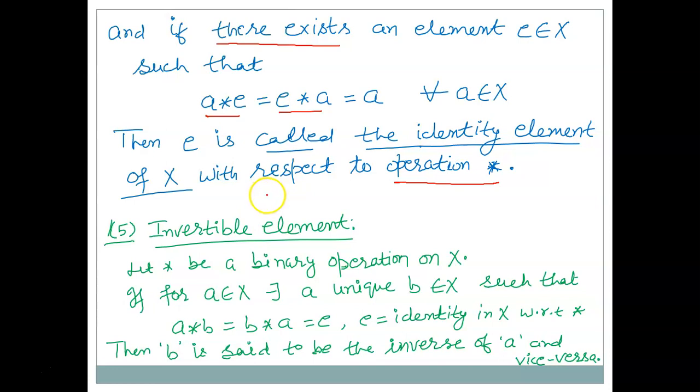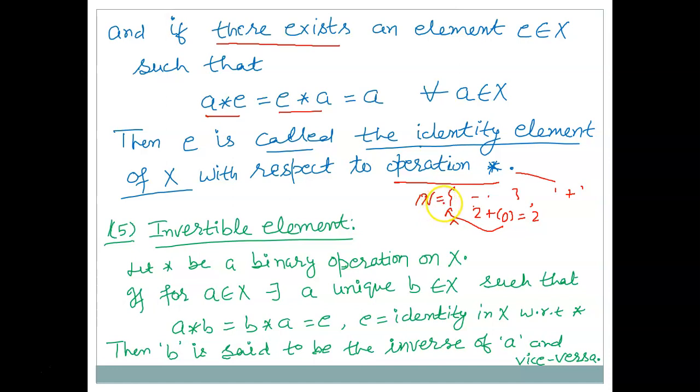In certain situations we cannot have the identity element. For example, take the set of natural numbers with the plus operation instead of star. We cannot have an identity element here, because for any natural number, say 2 plus what equals 2? It should be 0, but 0 is not present in N. So the identity with respect to plus does not exist in the set of natural numbers.